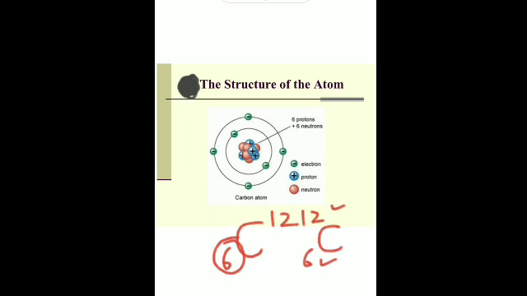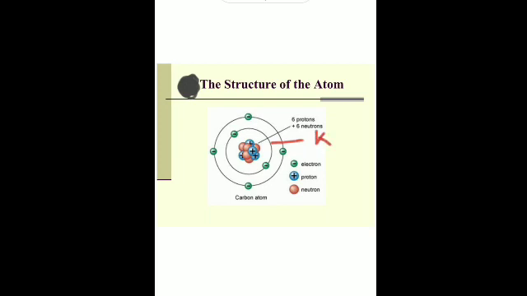So how many shells does this have? This is the K shell, that is n is equal to 1, shell number 1, and this is the L shell, that is n is equal to 2.